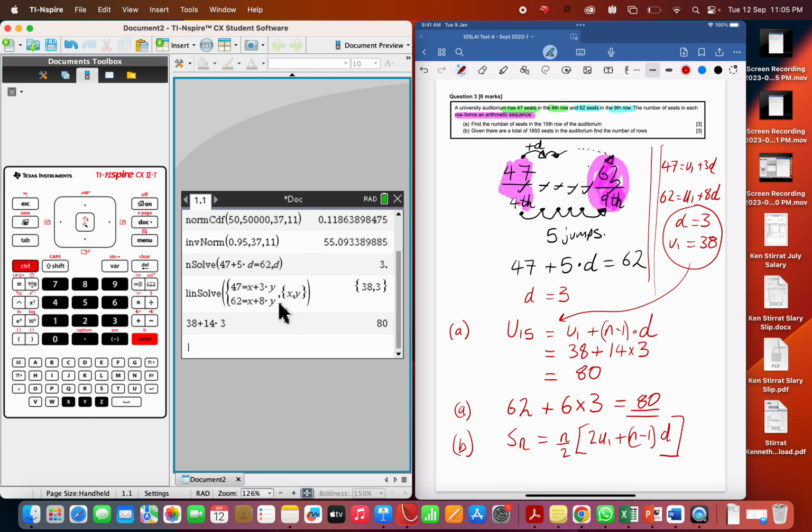Then substitute. We know the total number of seats is 1850. The n is what we're trying to solve for. This is where we need u1, which is 38, plus brackets n minus 1 times d, which is 3.